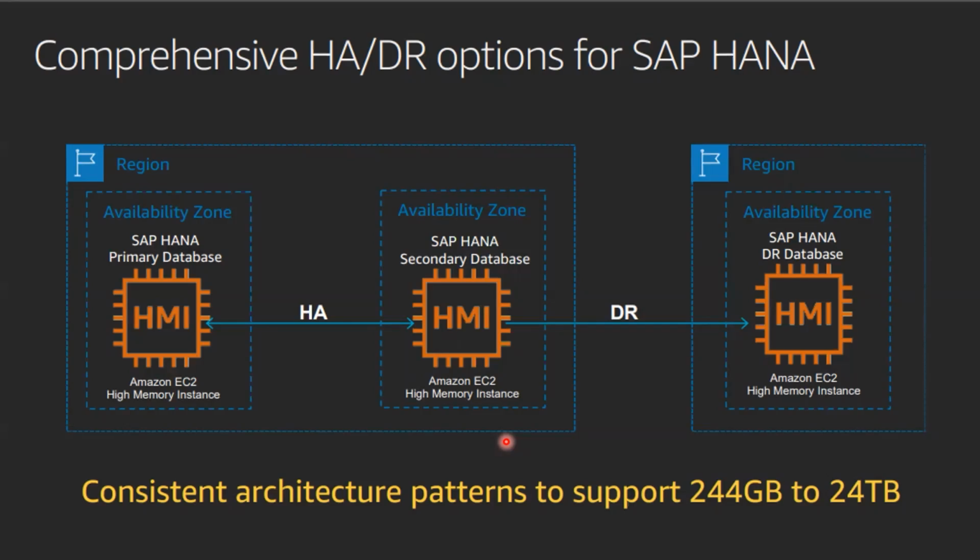Now for HANA databases, you'll have a high memory instance running in availability zone 1, and another high memory instance running in availability zone 2, and you will configure the replication between the HANA DB instances. It could be using native HANA replication, and the connectivity between these 2 availability zones.